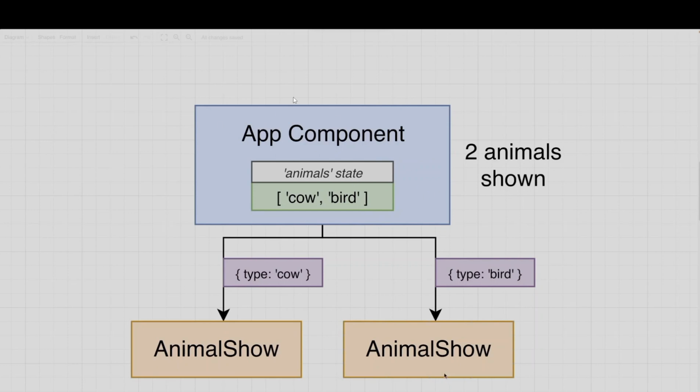Now in the first case, when we are showing a cow, we will pass down cow as the type of animal, which will be shown in the first animal show component copy, and we will pass down bird as the prop of animal type when the animal show component is rendered for the second time. These are 2 copies of animal show component. App component is the parent component and animal show component is the child component. And this type cow, which is a prop, will signal React that we need to show the picture of cow when the animal show component is rendered for the first time.